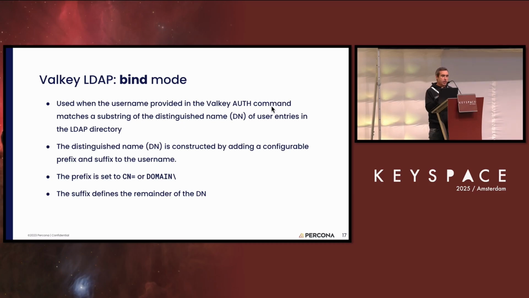It's a very fast method because we can construct the distinguished name and just perform a single LDAP operation, the bind operation. So just one round trip to the LDAP server to authenticate a user.